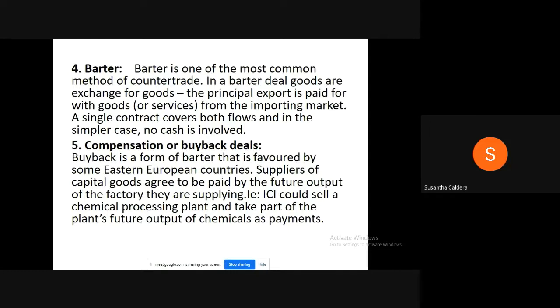Do you know in Sri Lanka, among a few circles, this barter system is operating. Among private circles.